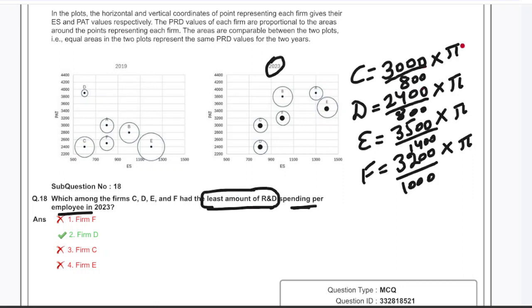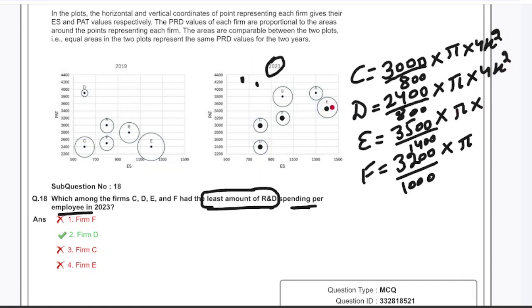So for R&D, pi r square, in the case of C, I'm going with the same case, the complete is 2x and the half is x. For C, it has to be 2x square, that means 4x square. For D, again 4x square.